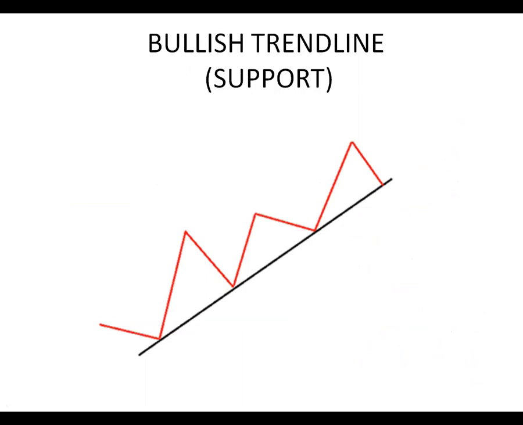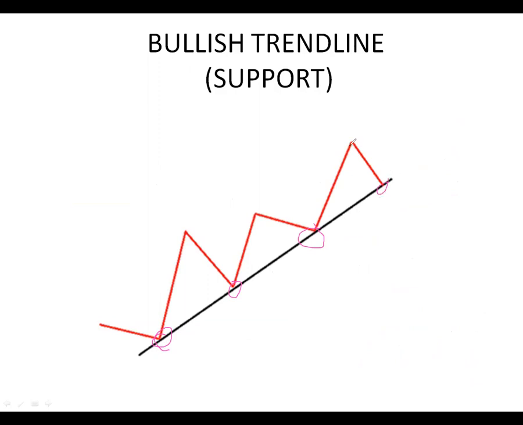Now, this is an example of an uptrend. So you can see that the lines that have been connected are the supports. So the support level here, another support level here, another support level here, another support level here.